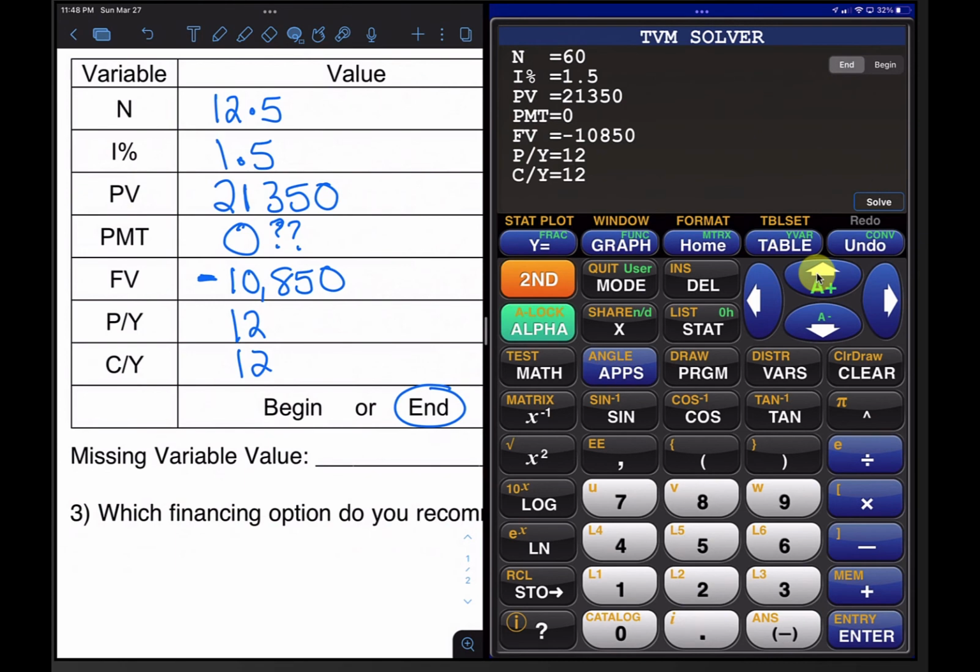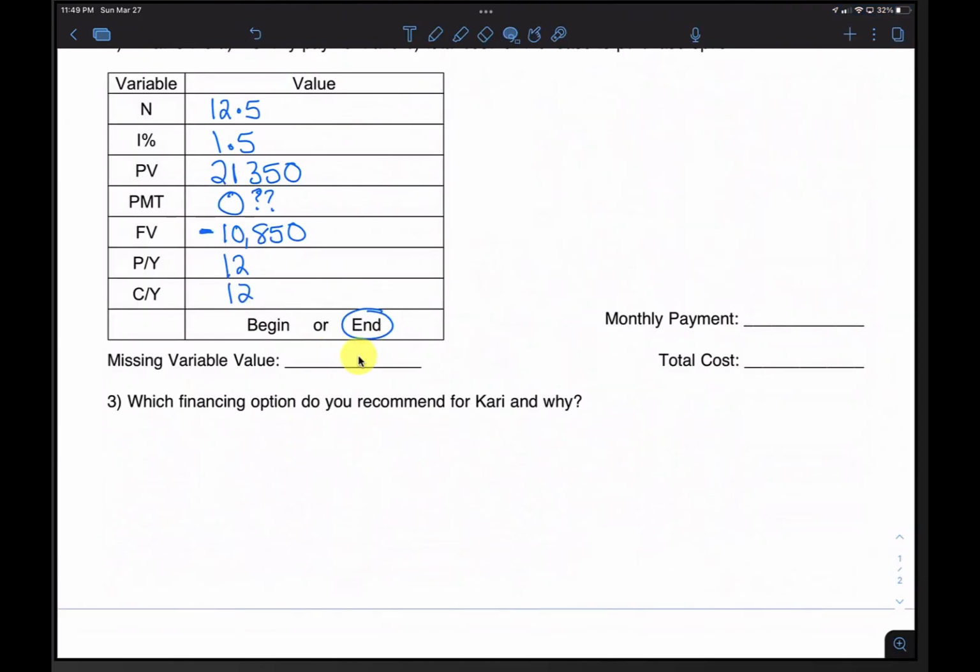Hit your up arrow to go to the payment line, and then press alpha followed by enter, and then you see the answer appear on the payment line. So it looks like the payment is negative 195.32 when we round it. Back on the page, the missing variable value is negative 195.32, which translates to a monthly payment of positive $195.32. Now let's calculate the total cost.